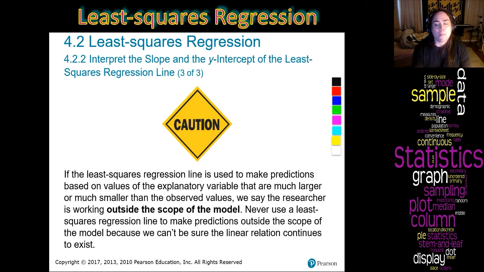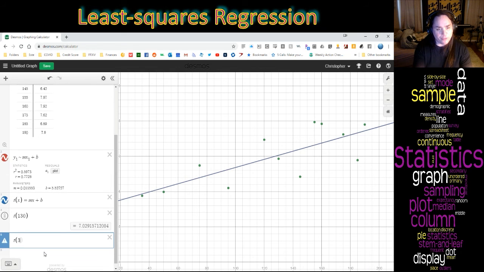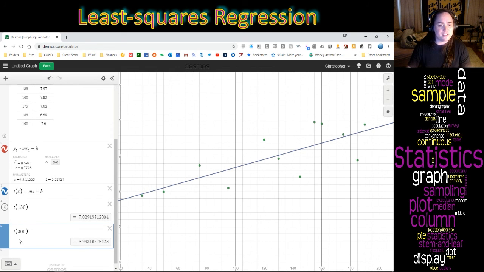Be careful that you can't make any predictions about values that are outside of the scope of your model. In other words, I've got these data points right here, and they go up to about 190. If I type in T of 300, it says that if I start digging 300 feet below the surface of the Earth, it should take about 9 minutes to dig an extra 5 feet, 8.99.